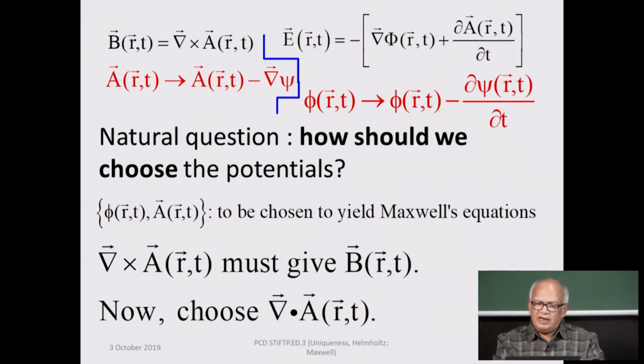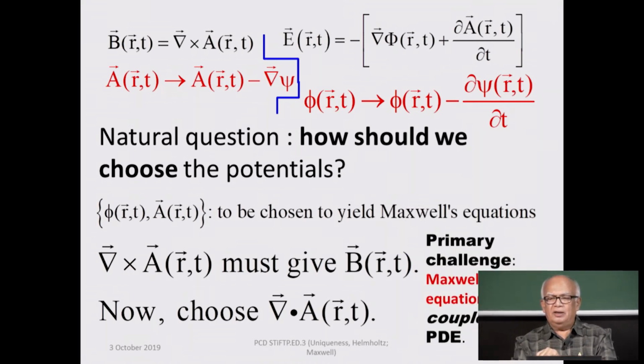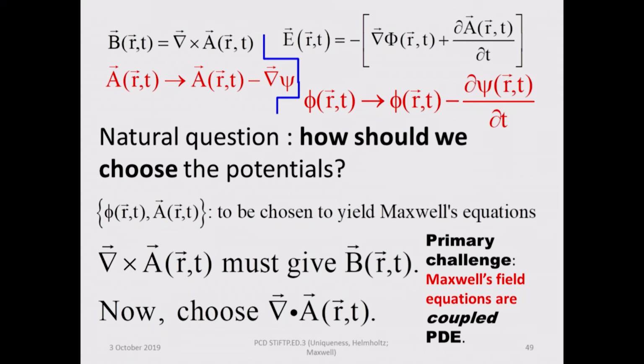Then we should use a gauge such that Maxwell's equations are satisfied. That is now the criterion that gives us the guiding principle to choose the gauge. Now that is not very easy, because Maxwell's field equations are coupled partial differential equations. E and B come together.